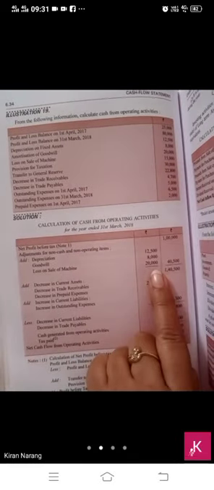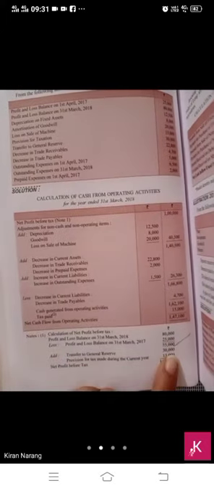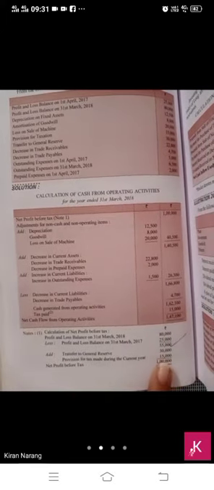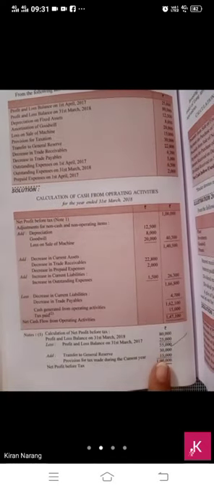Goodwill amortized 8,000 will be added. Loss on sale of machinery 20,000 will be added. These items will be added. Provision for tax 15,000 will be added in the working note. Then, bache, transfer to general reserve 30,000 will also be added in the working note.